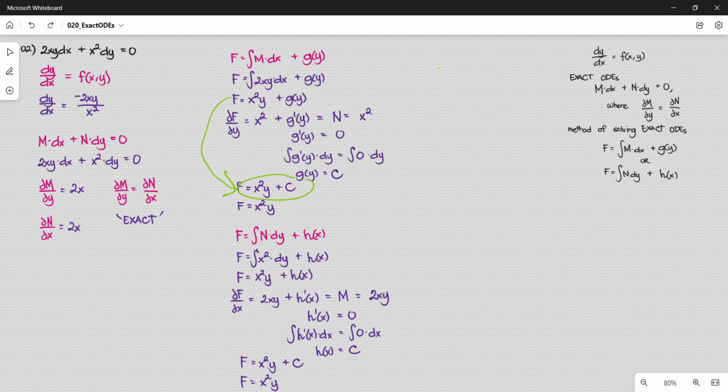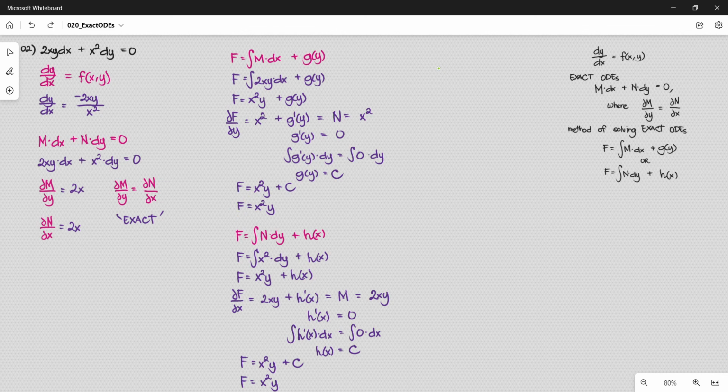And since ang f by definition ng exact differential equations ay isang constant, tapos ito isang constant, pwede kong ipag-merge under one symbol ng constant. So, ang sagot, ganito. Yan yung general solution. Okay? So, basta tandaan natin na sa exact differential equations, ito ay isang constant.